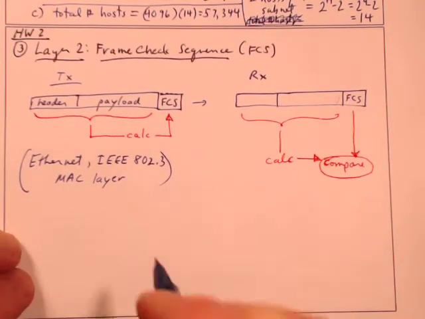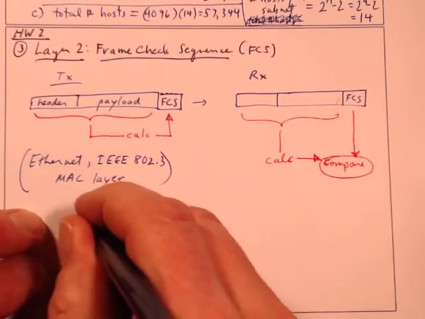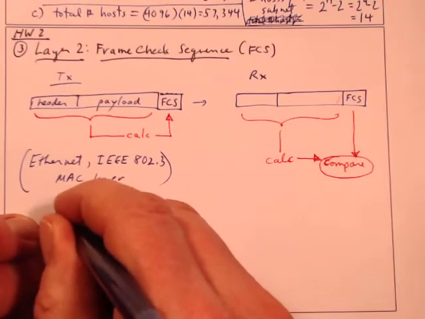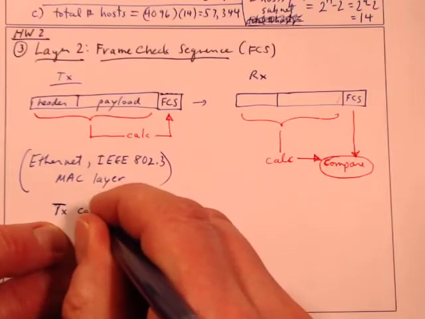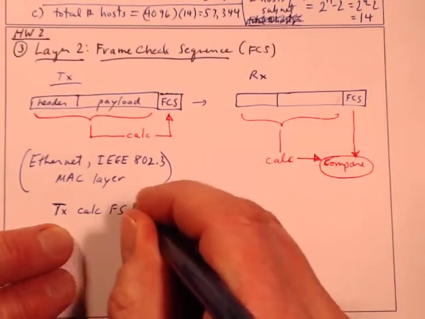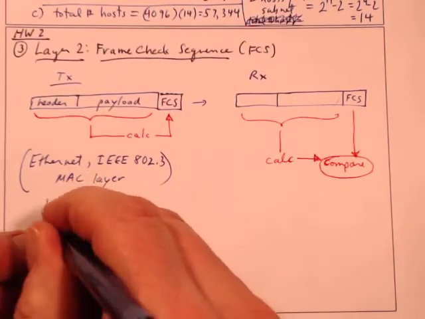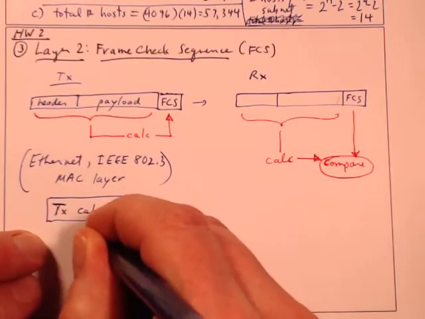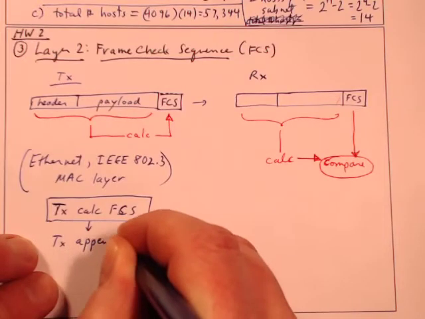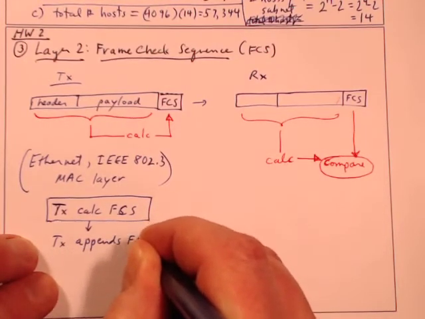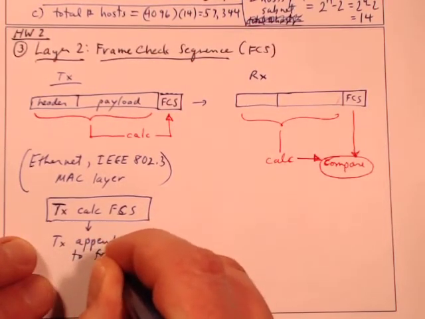And so we could write a flow chart that says that the transmitter calculates the FCS. Next step is that the transmitter appends the FCS to the frame.